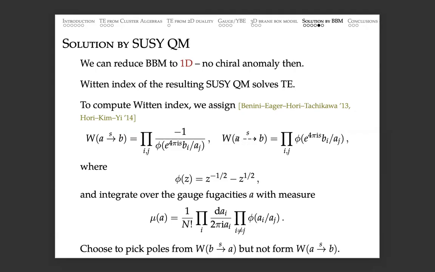Okay. And similarly, if you have a Fermi multiplet between U(N) gauge group A and U(N) gauge group B, then that's another kind of interaction between spin site A and spin site B. And here's the Boltzmann weight. So what you do is you multiply these Boltzmann weights.